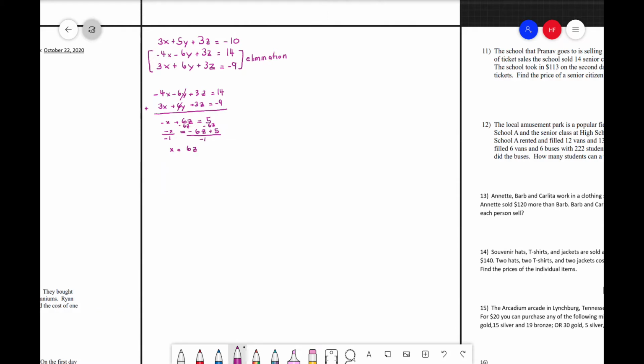So x equals 6z minus 5. So now I have x in terms of z, and I can plug that into any of my equations. I'm going to plug it into the first one, just because it does not matter which one you plug into.